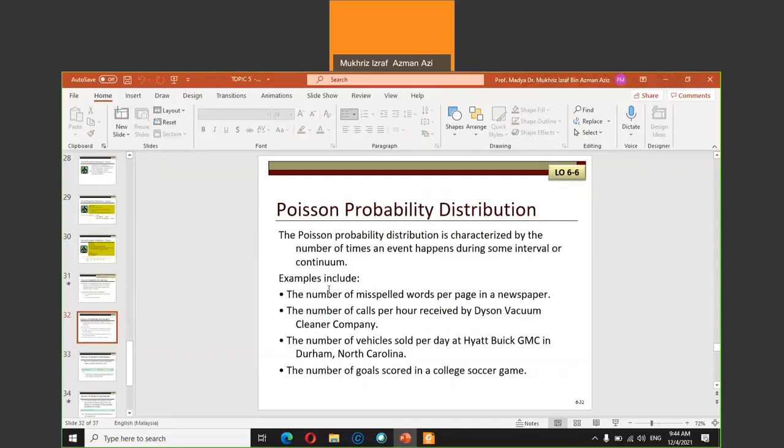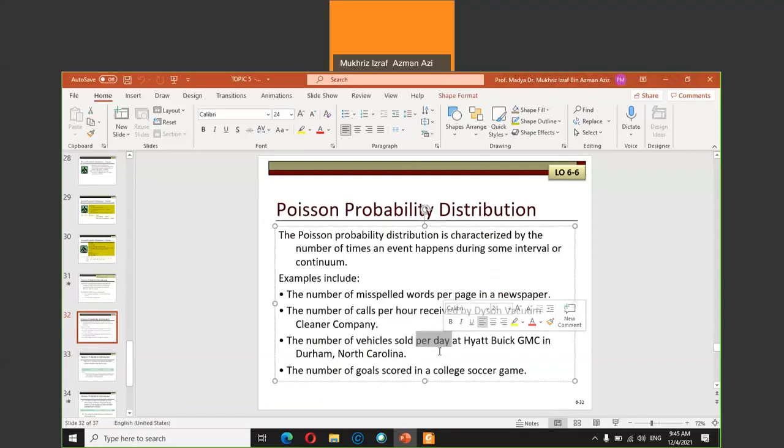The examples included in this slide are the number of misspelled words or typos per page. So in 1 page, how many misspelled words? In 2 pages, you just multiply by the number of misspelled words per page. Then the number of calls per hour received by a company, and the number of vehicles sold per day.